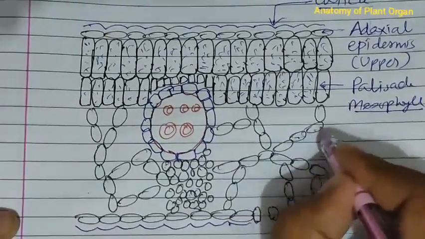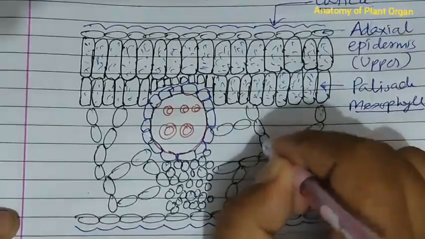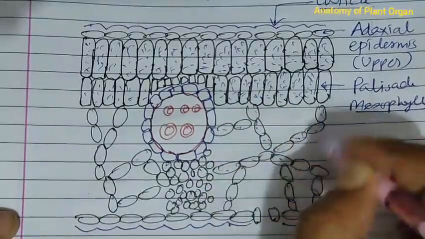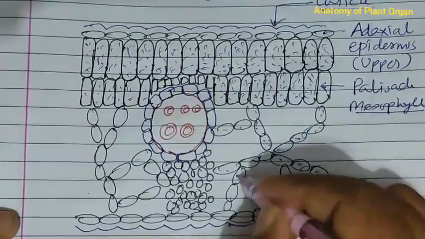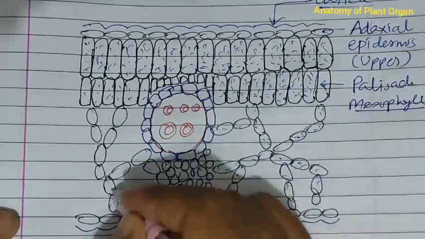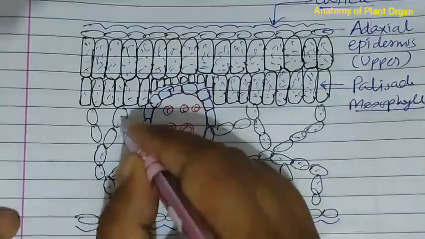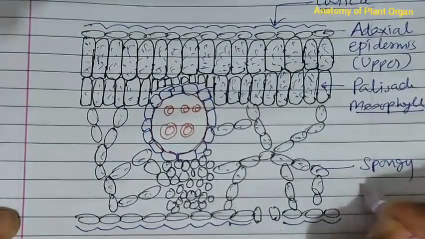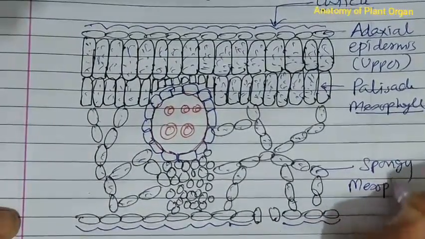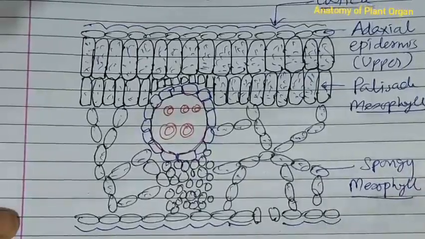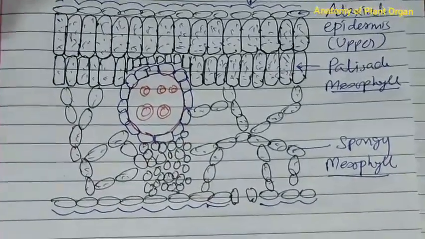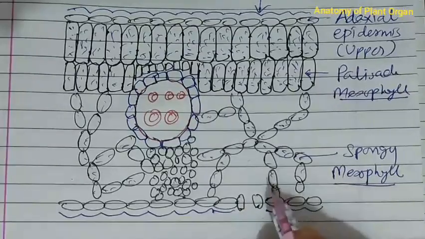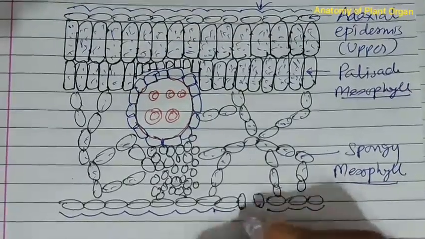Next, they have some less chloroplast, and these less chloroplast containing cells are known as spongy mesophyll. And within this spongy mesophyll we find intercellular spaces, so intercellular spaces are present.